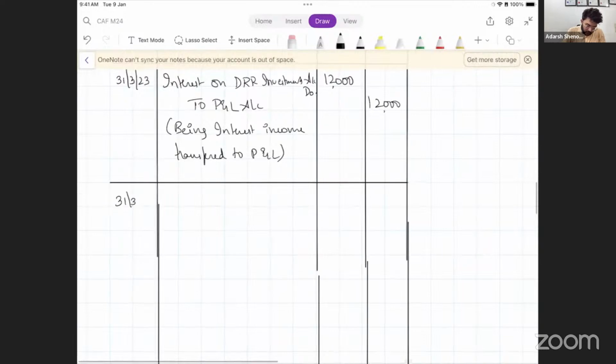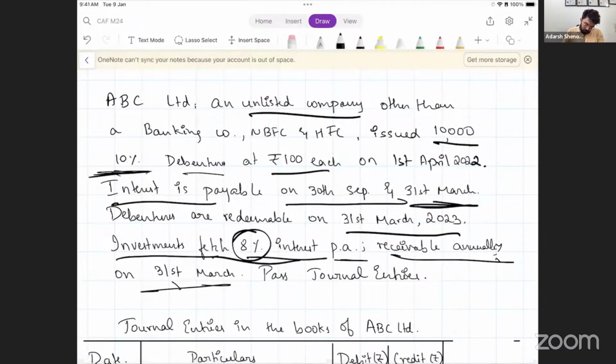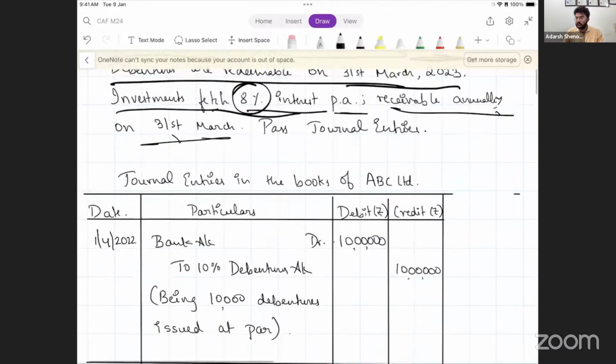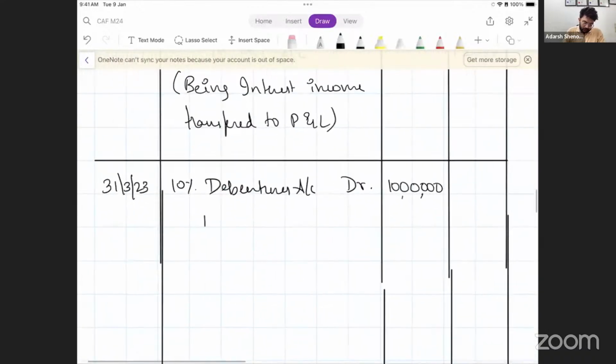So 31/3/23. First, I will have to pass the due entry for redemption. 10% debentures account debit 10 lakhs. Do we have any premium on redemption? Am I doing it at a premium? No, no. Debentures are redeemable on 31st March. No premium and all. So it's at par, 10 lakhs. So no premium on redemption account will come over here.